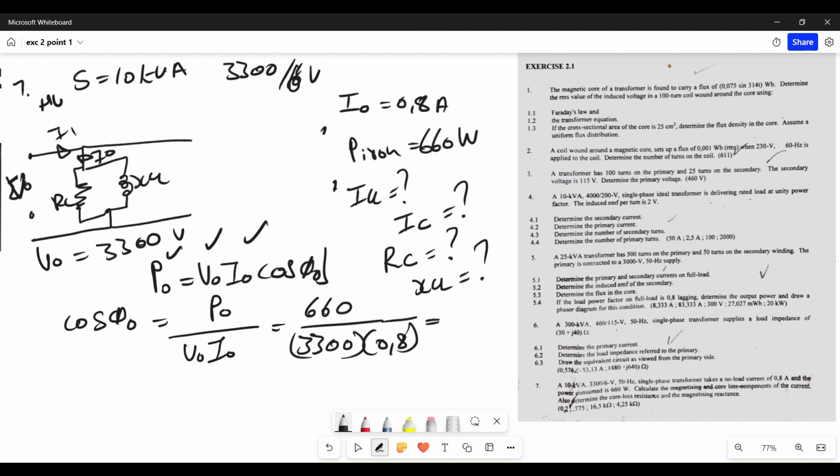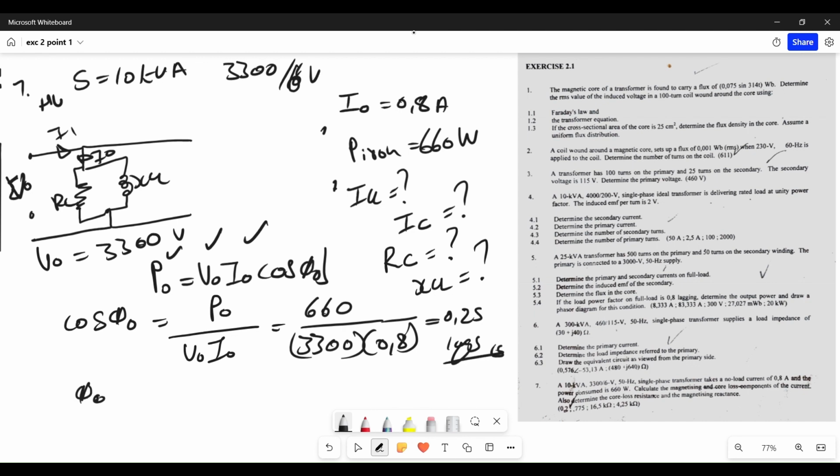So the power factor is how much? I'm calculating here. This is equal to 0.25 lagging.